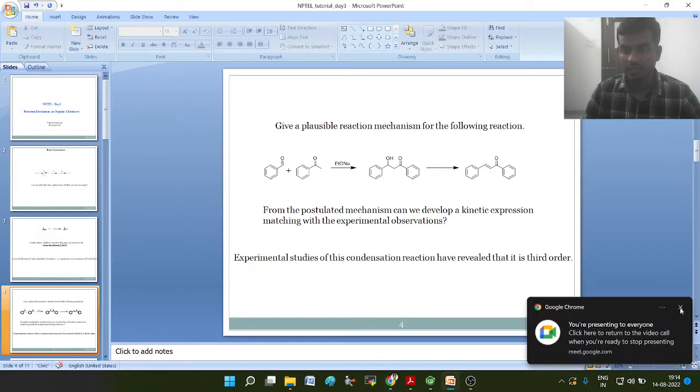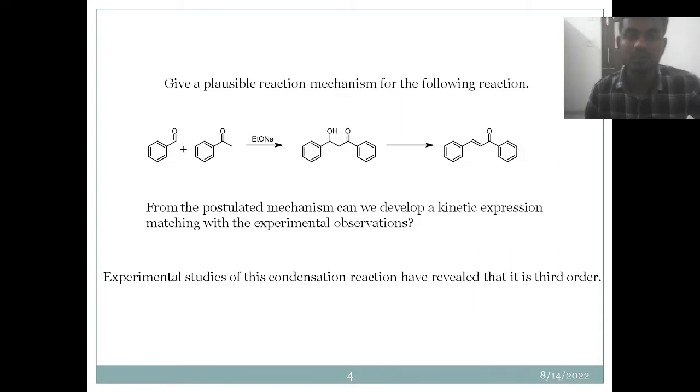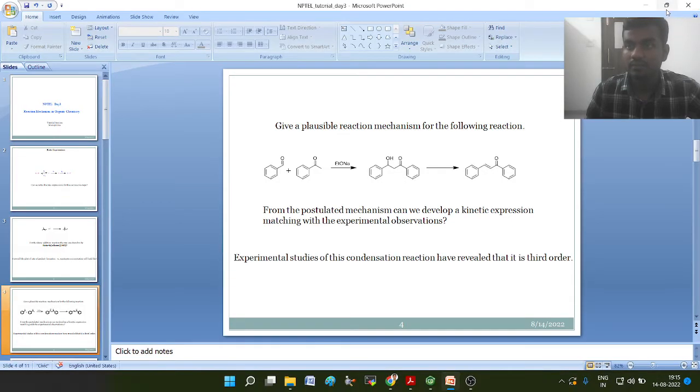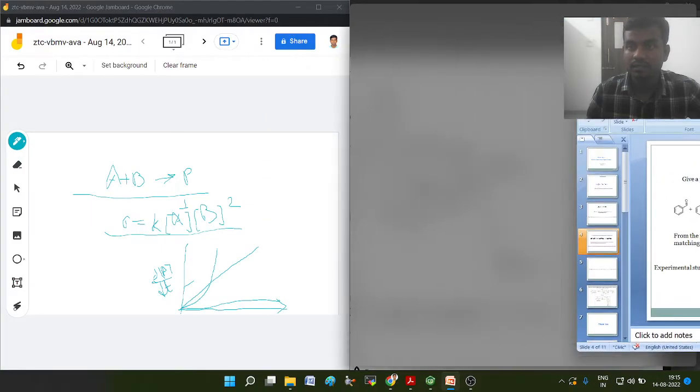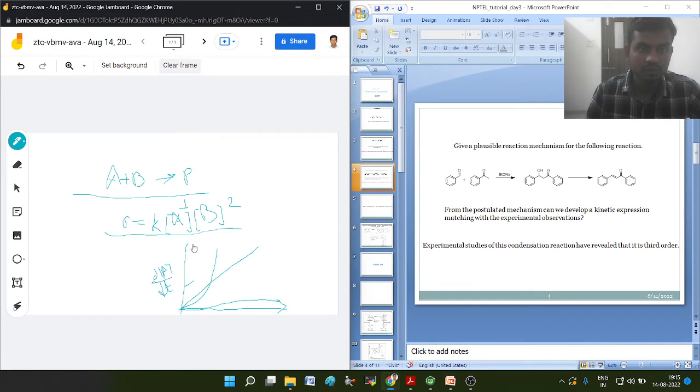Third order reaction, what will be the rate? That is what we seek actually, and also based on the reaction mechanism we will try to answer these things. So first I will show the reaction mechanism step by step, then we will analyze each step, and then find what is the rate determining step. It will take some time. Please stay and try to follow.